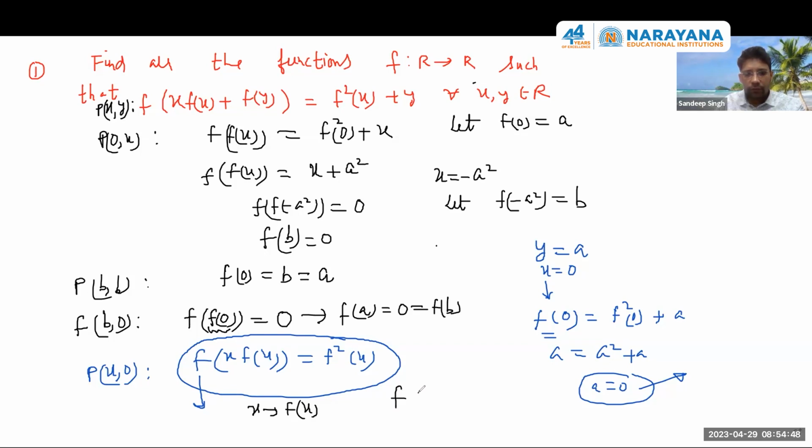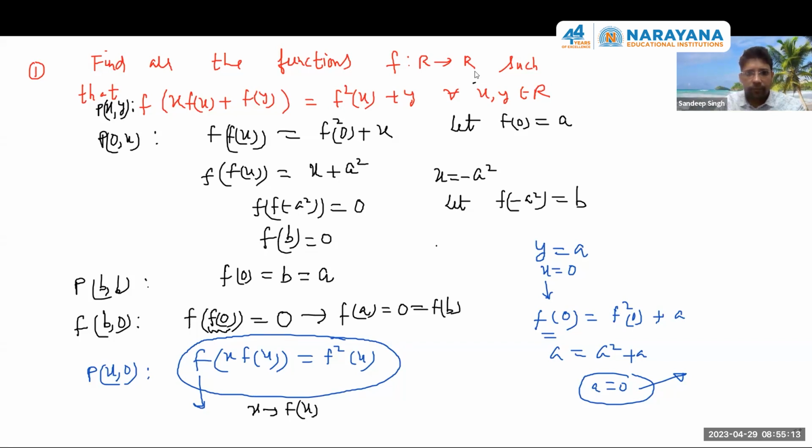So this will be how much? f of, tell me, x into f of fx. No, not that. Not x to fx. f of x fx is f square x. So somehow again you have to obtain f of x fx. So for that, what you need to do?